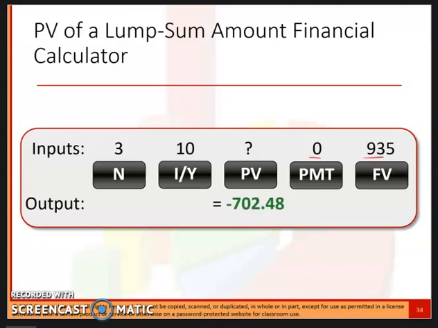We enter 935 in future value, and we compute PV, and that's a negative 702.48. It's negative because of the way the logic in the calculator works. This 702.48 would theoretically be an outflow, and the receipt of this 935 would be an inflow.